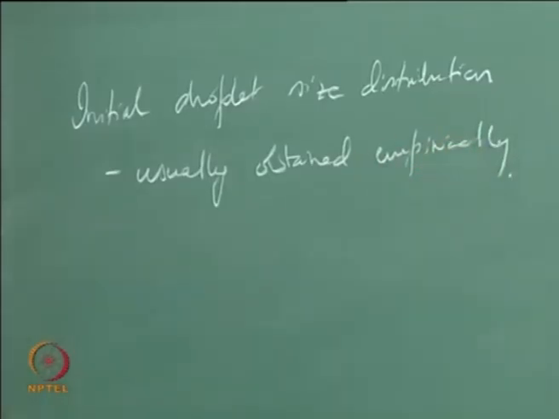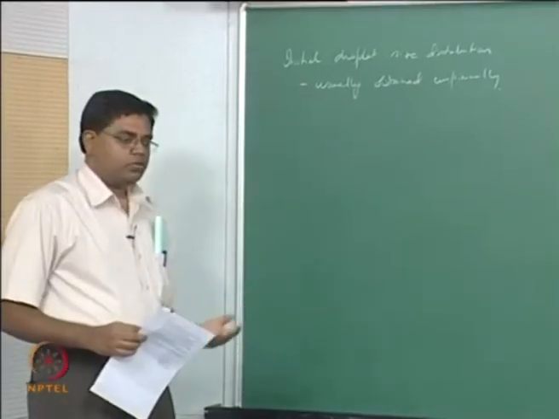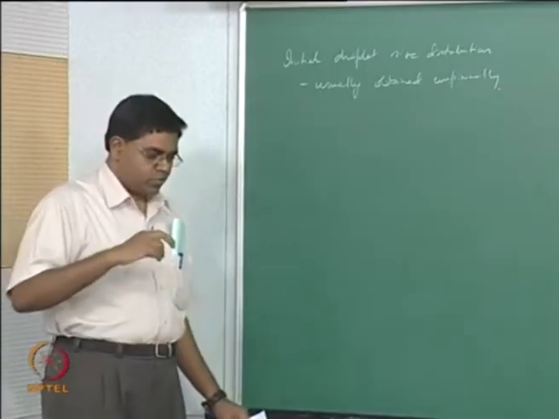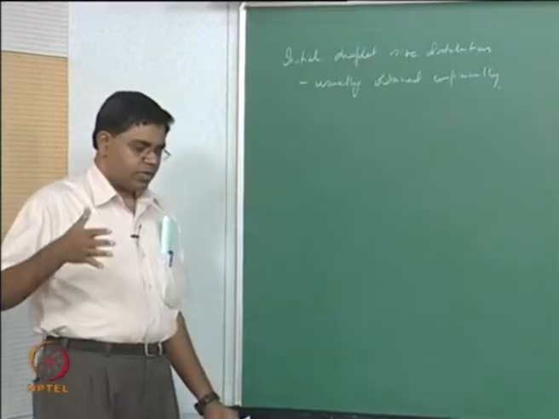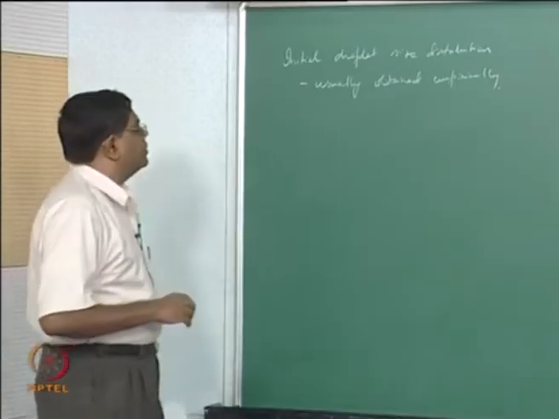Of course, there are recent efforts to computationally predict this as well, by taking into account the shearing of liquid sheets or liquid rods, liquid tubes kind of thing, by the aerodynamic as well as hydrodynamic effects and so on.